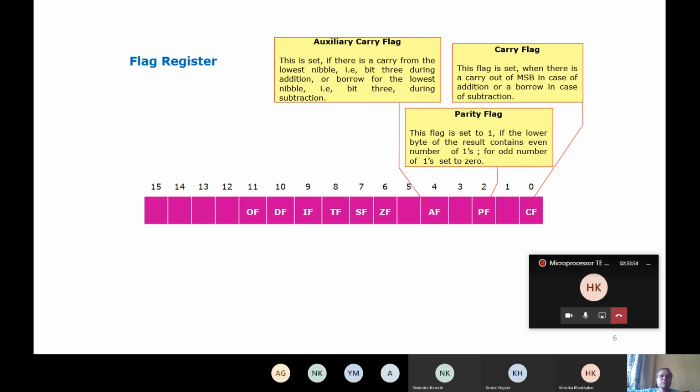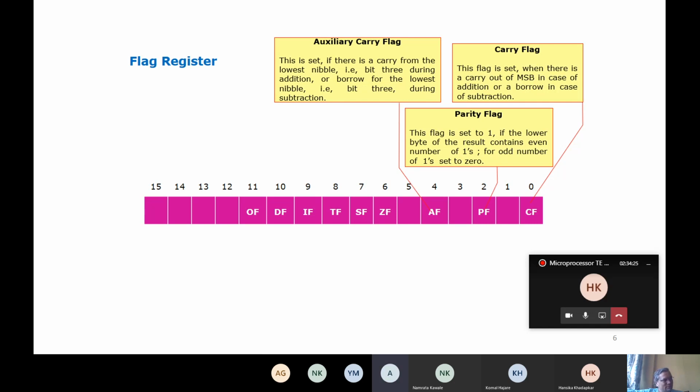Does anybody know? I know we are towards the end of the lecture. It is almost 2.5 hours. But still, keep yourself alive and recall if you have learned or come across this particular word parity sometime before.